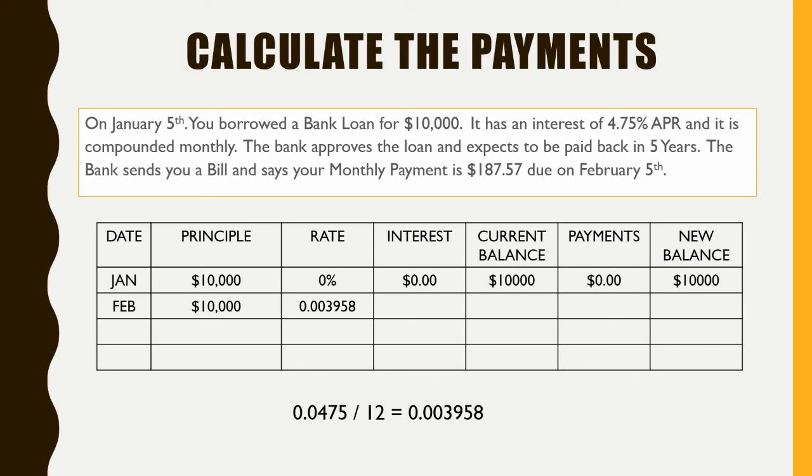No, that's for the whole year. I need to break down my rate because 4.75 is for the whole year. I need it in terms of months. Yes, because I'm getting a monthly statement, and I'm getting compounded every single month. My statement is only going to reflect what I got charged that month. It's not going to tell me what I got charged for the whole year.